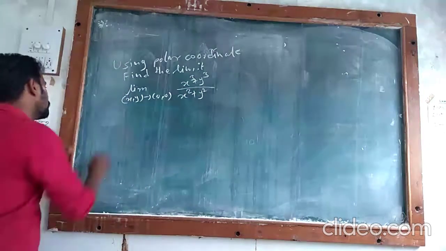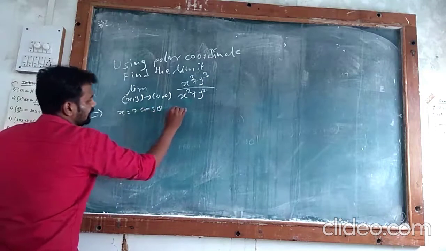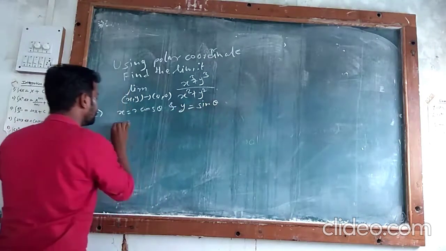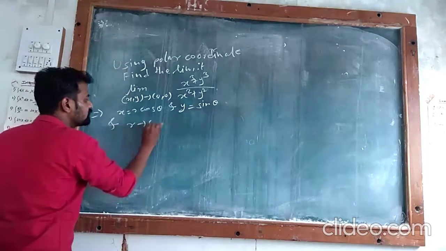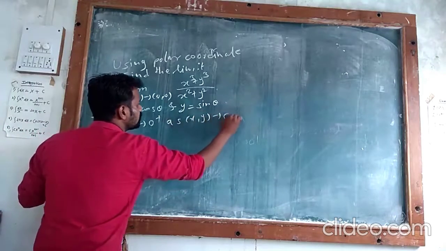For finding this, we know that x is equal to r cos theta and y is equal to r sin theta, and r tends to 0 plus as (x, y) tends to 0.